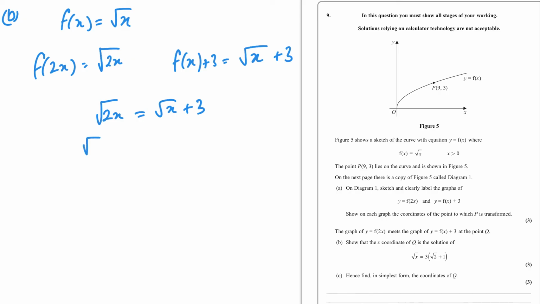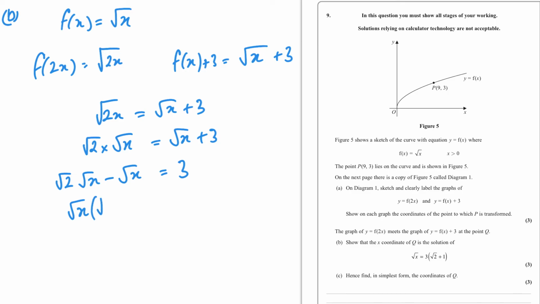So that could be root 2 times root x equals root x plus 3. And let's get my root x's on one side. So I've got root 2 root x minus root x equals 3. And then let's factorize out the root x. And that will give me root x times root 2 minus 1 equals 3.